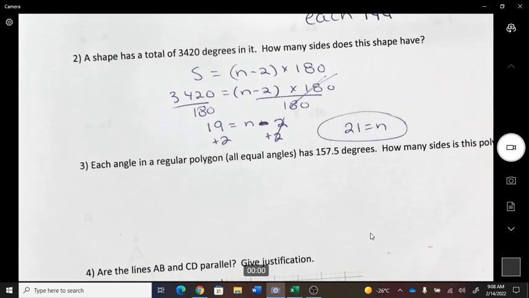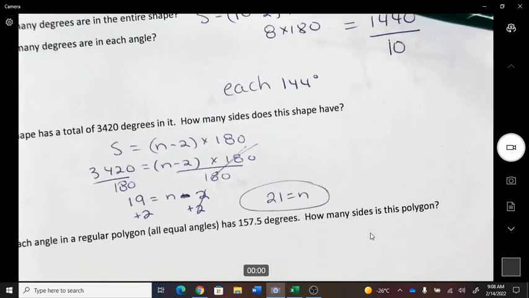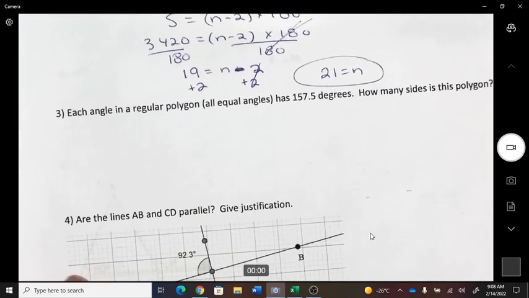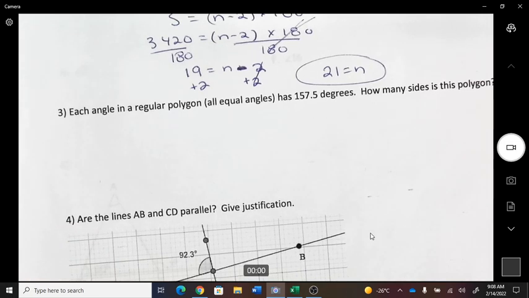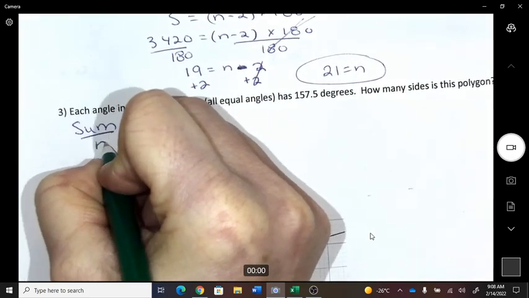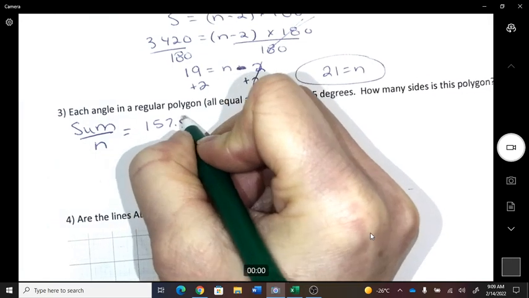Okay, and the last thing I could ask you, so this was get the total, the individual, get the number of sides. This time I said that each and every angle is 157.5 degrees. How many sides? Okay, so this is if I took the sum and divided it by n, I would get that.